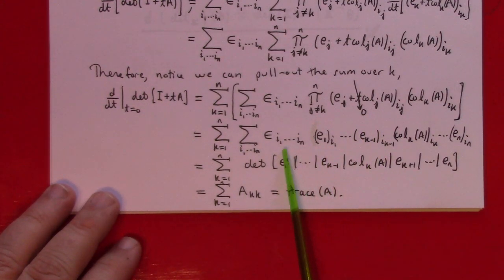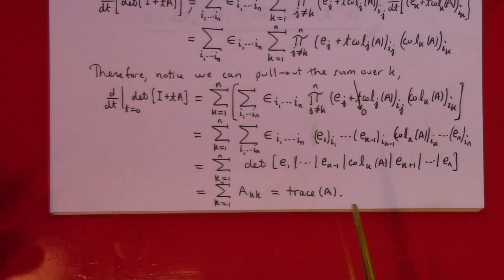And you've just got this, which you can recognize as the determinant of everything being the standard basis except for the kth column, which is A. And if you think about that determinant, it's easy enough to calculate that it gives you A_kk. As such, you've got the sum k equals 1 to n of A_kk, also known as the trace of A.